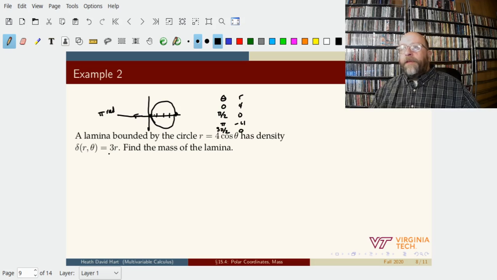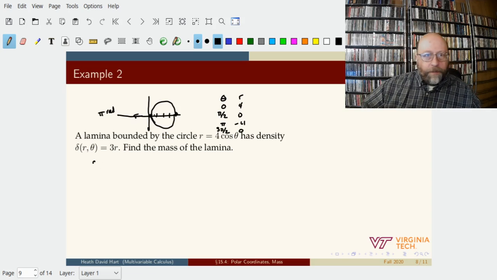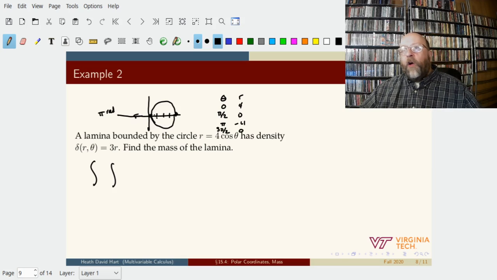The density is 3 times r. Okay? So we would like to find what the mass of this lamina is. So since the circle only lies in quadrants 4 and 1, let's integrate from the angles negative pi over 2 to positive pi over 2.